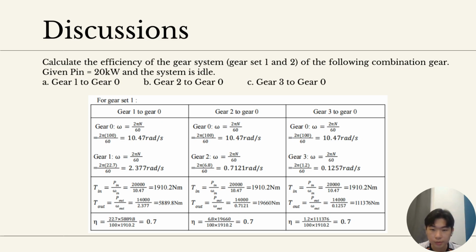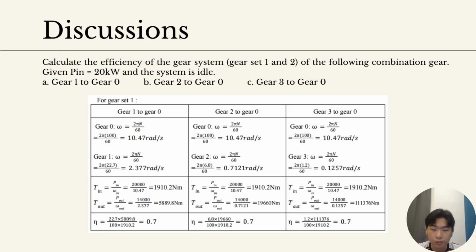For gear 1 to gear 0, we can get the gear 0 angular velocity is 10.47 radians per second, and the gear 1 angular velocity is 2.377 radians per second, and the input torque we calculate and get 1910.2 Nm, and the output torque is 5889.8 Nm, and finally we get the efficiency is 0.7.